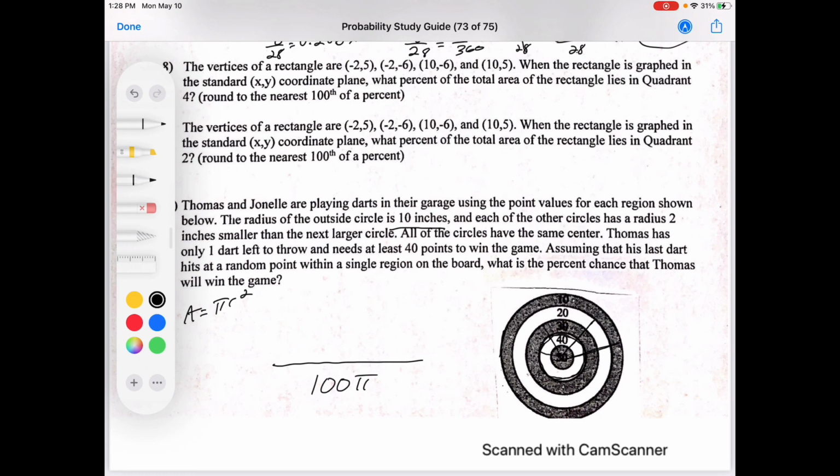And this would be 4. And so that's the radius that I need. So the area of that circle within the 40-point range with a radius of 4, we're going to square the radius so we get 16 pi. And so that's just, cancel out the pi's, that's 16 over 100, which is 16%.